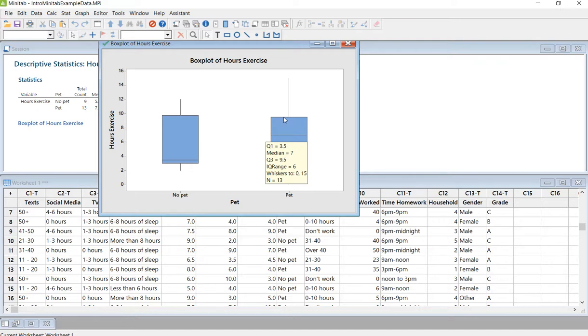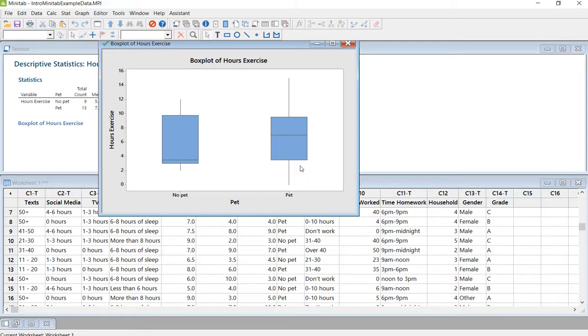At Q3, 75% of the data is falling below there. So 75% of people exercised 10 hours or less. Well, here, that's really, what is that, 9.75, and that's actually 9.5. So extremely close. So in all honesty, their chunks are kind of similar. It has more to do with maybe the range here.